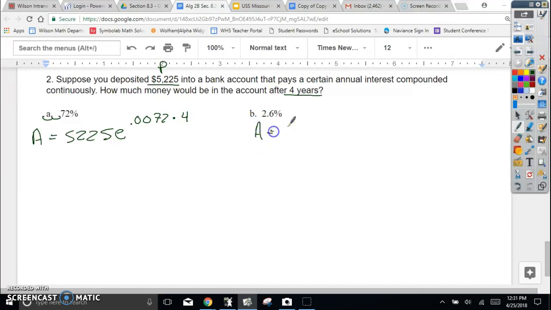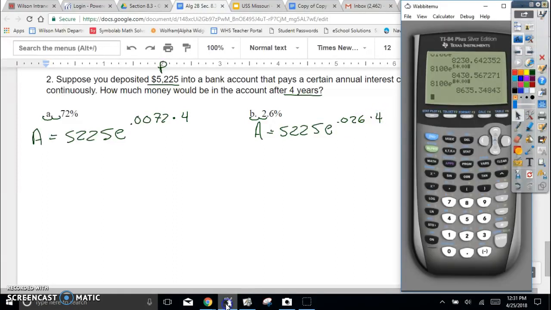This one will be 5225 e to the 0.0 (remember, 2 decimal places) 26 times 4 years. So here we go with another copy and paste, guys. So let's start: 5225 e to the 0.0072 times 4 years. We're looking at $5,377.67.